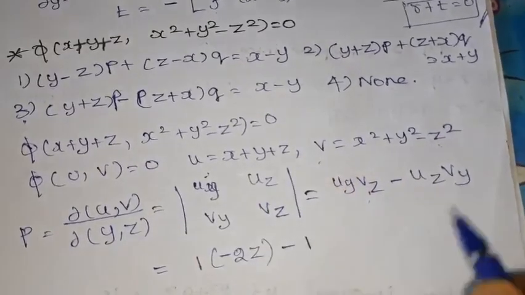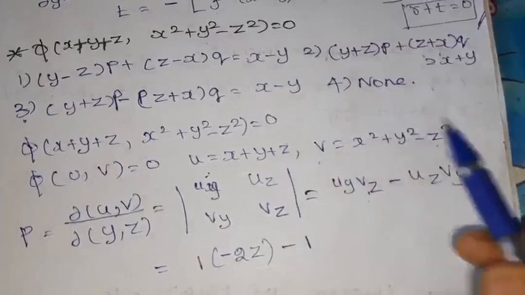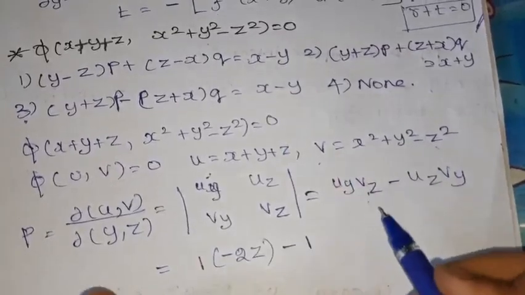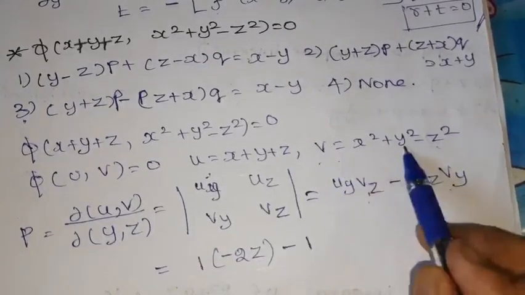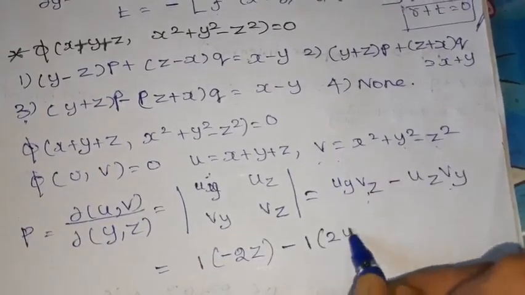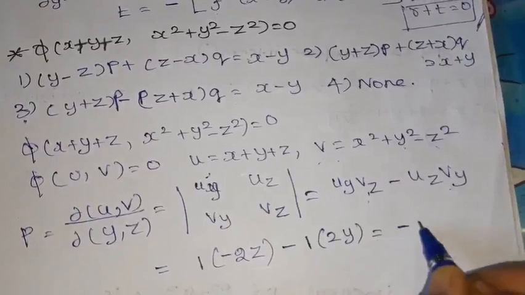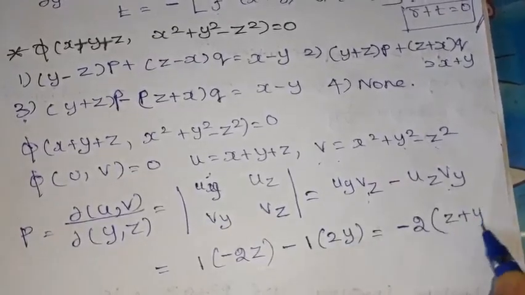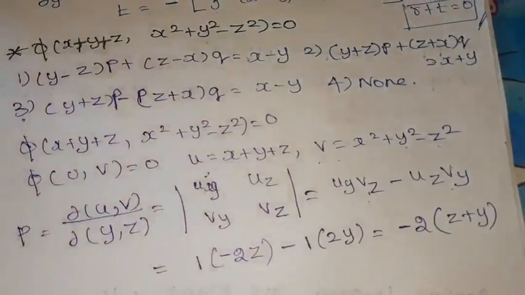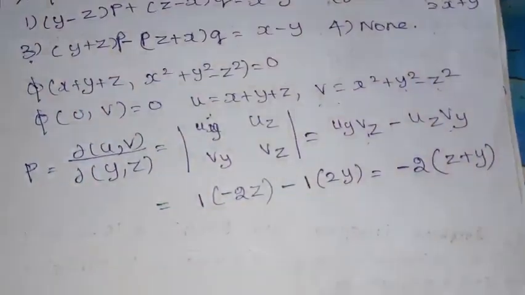Uz equal to 1, when differentiating with respect to z in u. Then what is vy? Vy equal to 2y. So taking minus outside, we will get minus 2 into z plus y. Let it be. Then we will find out the q.